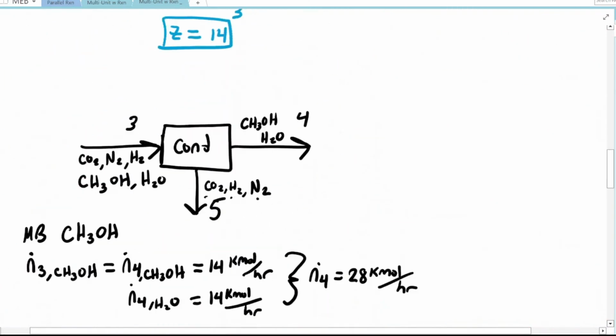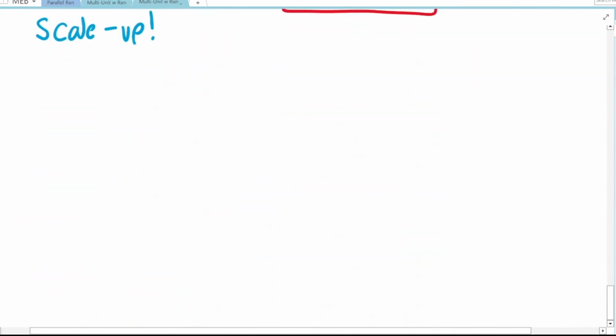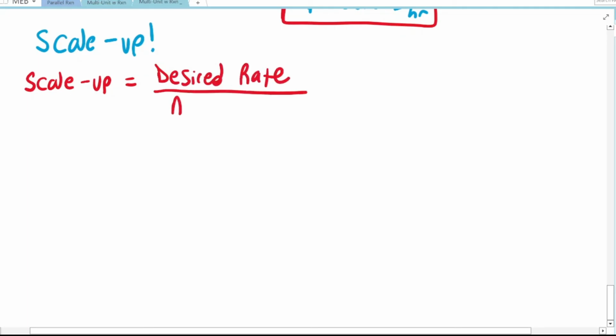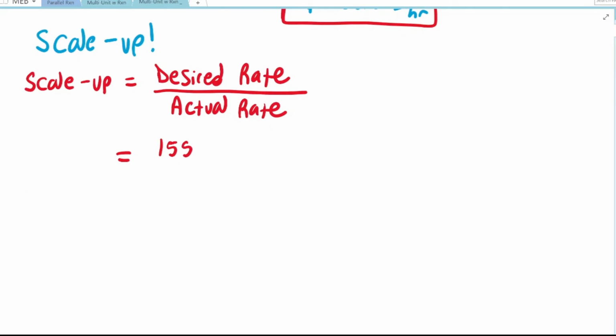So we're now going to go on down, get some fresh space, and scale up. Our scale up is equal to desired rate over actual rate. For us, our desired flow rate is 155 kilomoles per hour.